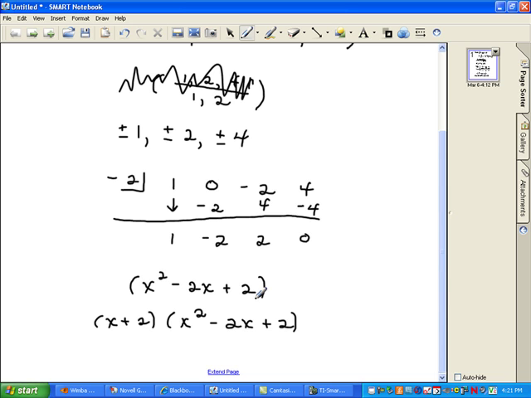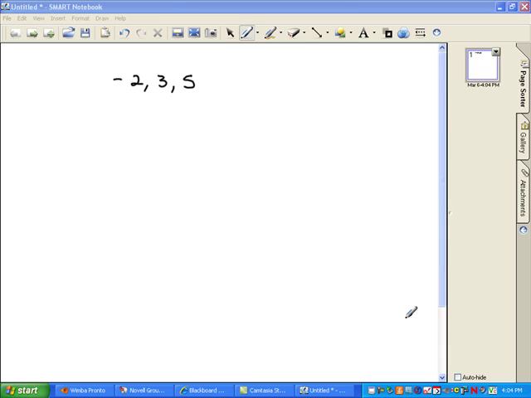The zeros that we have right now, the real zeros, the only one we have is -2. If we wanted to find more zeros, we would need to take x squared minus 2x plus 2 and factor it or use the quadratic formula. In this case, if we try to use the quadratic formula, we get a negative underneath the radical, so we know that the other zeros are actually imaginary, so we don't need to find those.